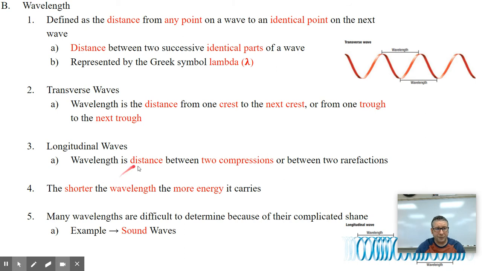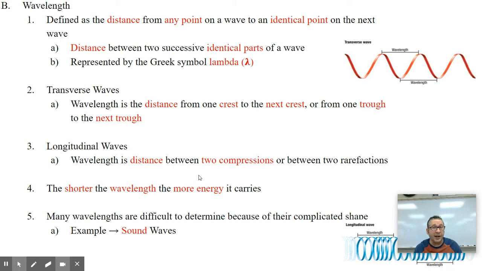For longitudinal waves, it's the distance between two compressions or two rarefactions. Longitudinal waves are what we described with the spring, when we compress or stretch out the spring. When we have areas of compression, we can measure between that and another area of compression, or we can look at areas of rarefaction, two areas that are stretched out, and measure the distance between those to get our wavelength in a longitudinal wave.